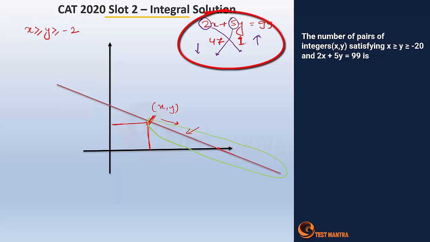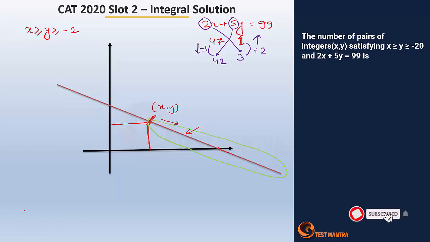So now suppose I'm adding 2 to this value, that means y is supposed to be 3, and I subtract 5 from x. The figure is nothing but 42. So you can check, 42 and 3 are the next two numbers which will definitely satisfy the condition. I'll repeat the same thing.